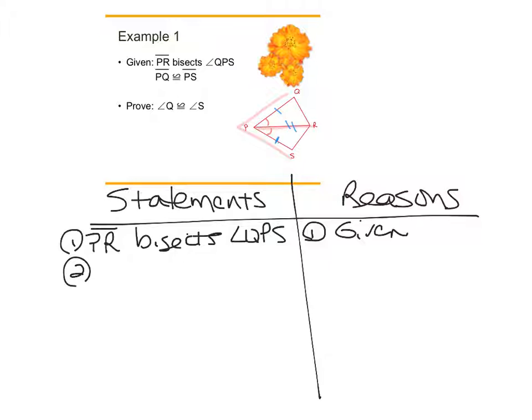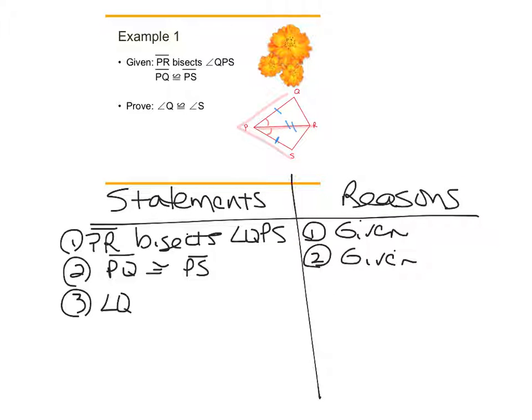Then second, if you want to put it all in one statement, you can. But I'm also going to put that PQ is congruent to PS, and that's also given. If you wanted to put them both as statement 1, you can. Okay, now I'm going to show that angle QPR is congruent to angle SPR by definition of bisector.